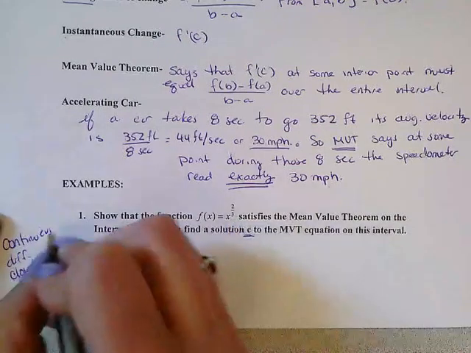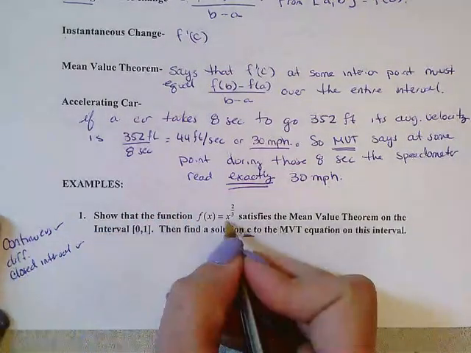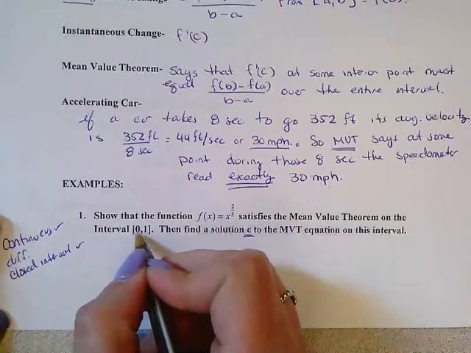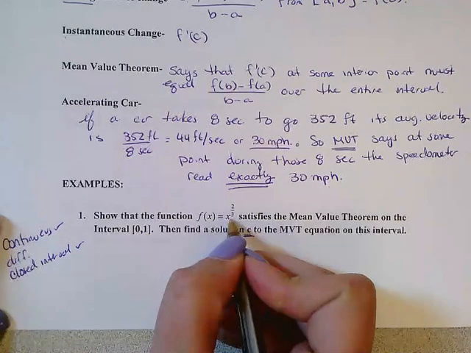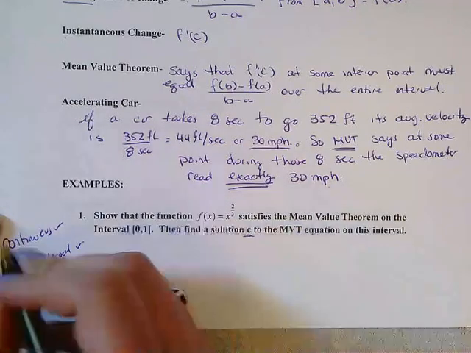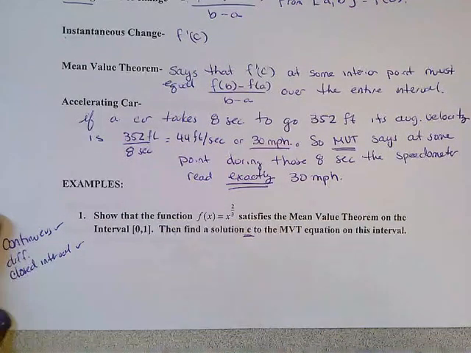X to the 2/3 is continuous. I can plug in any number here, basically plug in 0 to 1, and I will get an output. And if you looked at the graph, you can look at the graph a little bit later, but we can look at the graph. I'm just going to graph it really quick.